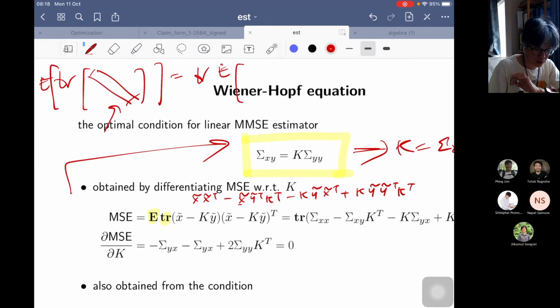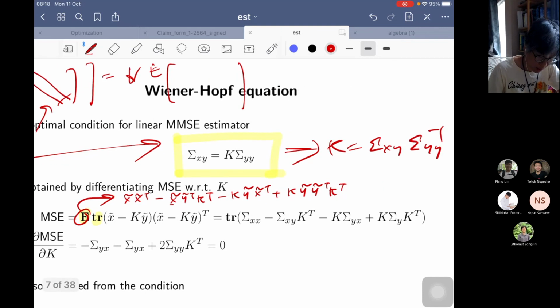Yes, because when you take the expectation of a random matrix, you just take the expectation element-wise. So they are the same. If I apply the expectation first, you will see that, for example, the expectation of x tilde x tilde transpose is the covariance of x, and the expectation of x y transpose is the cross covariance of x, y, and so on for all the terms in here.